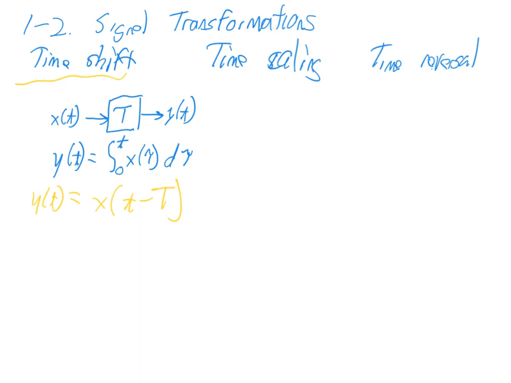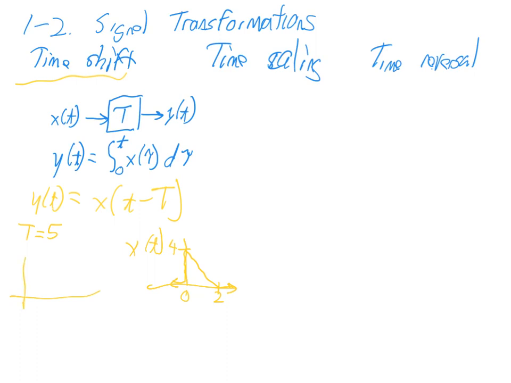As an example here, let's say my function x of t looks like this. From 0 to 2 seconds, it reduces in a straight line from 4 volts to 0 volts, and then it's 0 volts at all the other times, and it takes 2 seconds to do that. Now, if I let capital T be equal to 5 seconds, then my y of t is going to say, well, I have delayed that to the right.